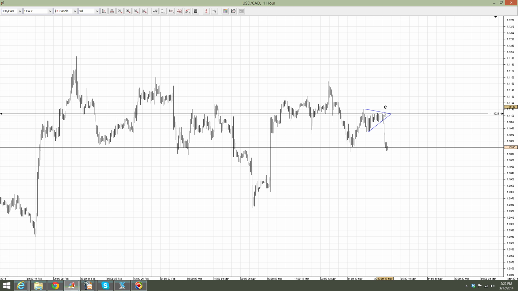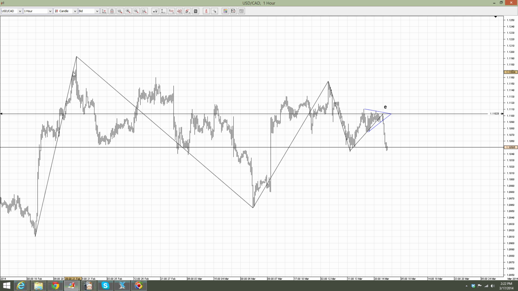and then of course, if this is the E wave, then we should look for a triangle that goes A, B, C, D, and E. Let's take a polyline. From here to the upside, we have wave A, then the B wave, then the C wave, then the D wave, and then the E wave.